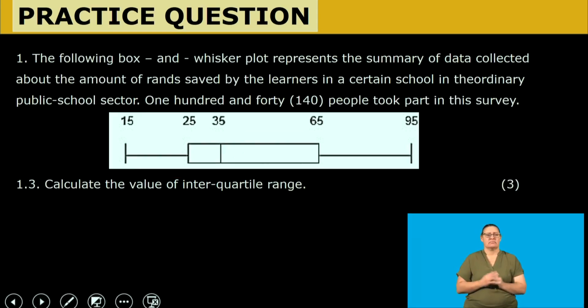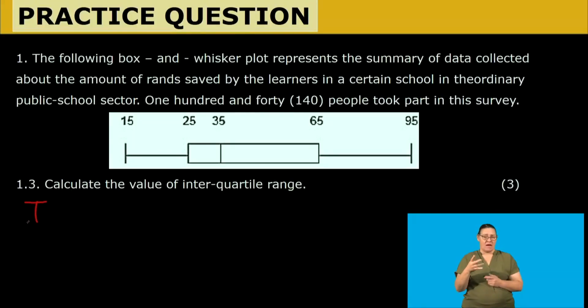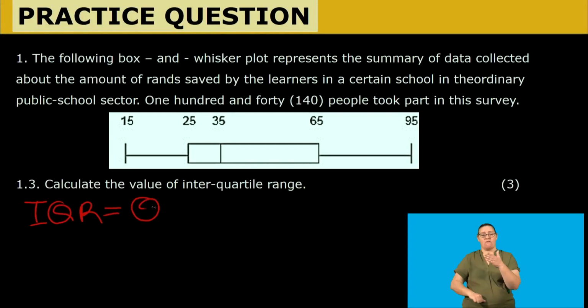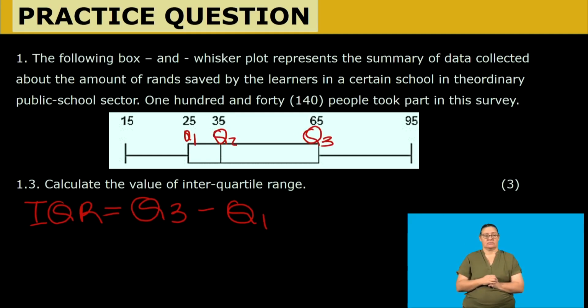1.3, calculate the value of the interquartile range. How do we calculate the interquartile range? We know that the formula for the interquartile range is actually Q3 minus Q1. So from our box and whisker plot, we know that this is our Q1, this is our Q2, and this is our Q3.